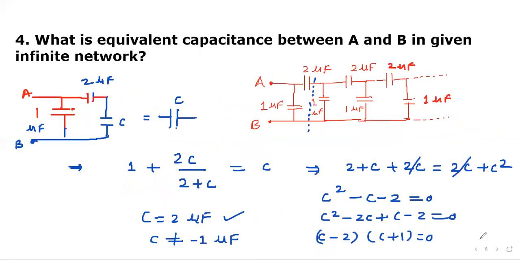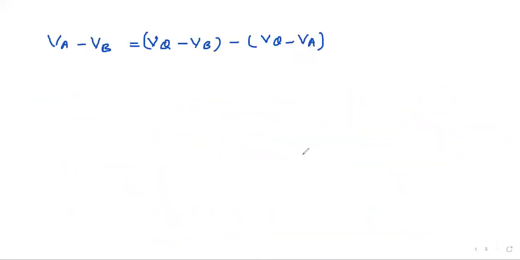So we write these values. So we get Q2 divided by C4 minus Q1 divided by C2. We can put the values of Q1 and Q2.